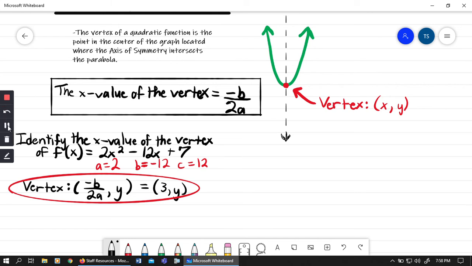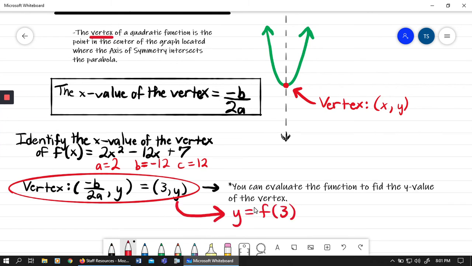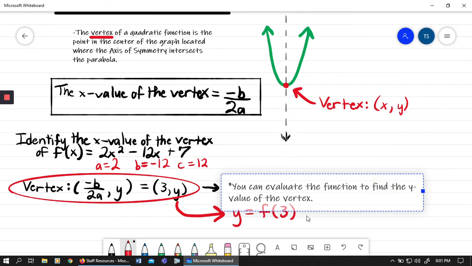Okay, so again, folks, if we are going to evaluate this function and find the y value of that vertex, then using function notation, the y value of the vertex would be the same thing as finding f of 3.